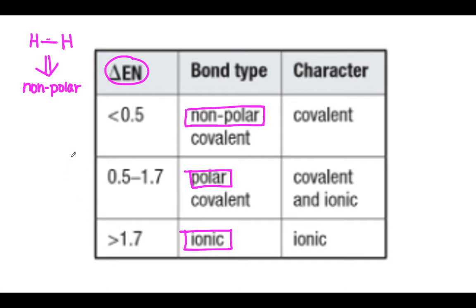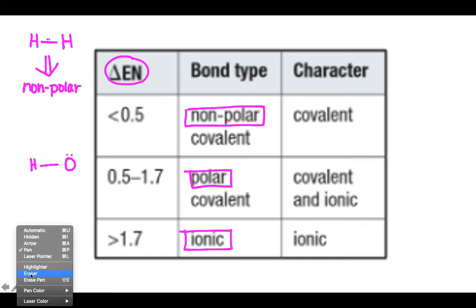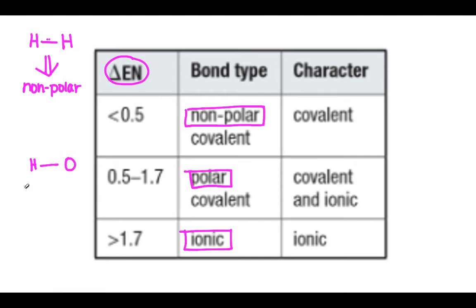Now, with the example of polar covalent, it's not quite like that. So you've got your hydrogen and your oxygen. I'm not going to draw the lone pairs in there. But the difference is that the electrons in the OH bond are hanging out closer to the oxygen. So in my brain, that tells me unequal. This is still sharing, but it's an unequal sharing of those electrons, and non-polar is a very equal sharing of electrons.